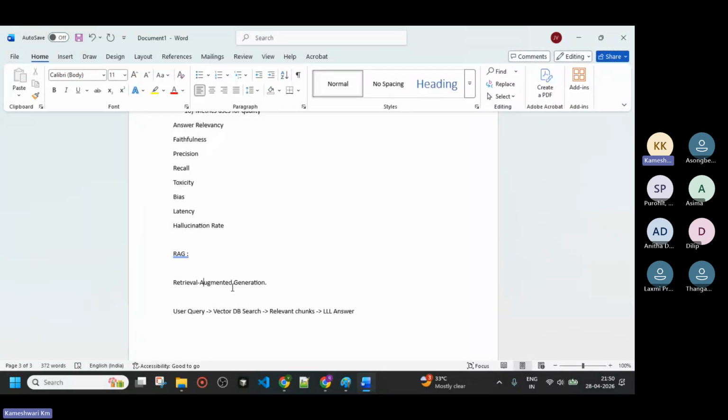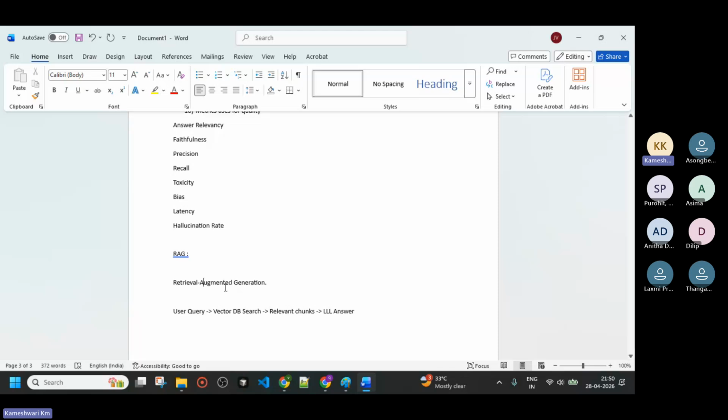You retrieve the data from it instead of going outside to the internet. I am not going to touch the data. Whatever LLM I am using, I will use my local data, and from that local data the LLM has to read and understand, and from that it has to give the answers.